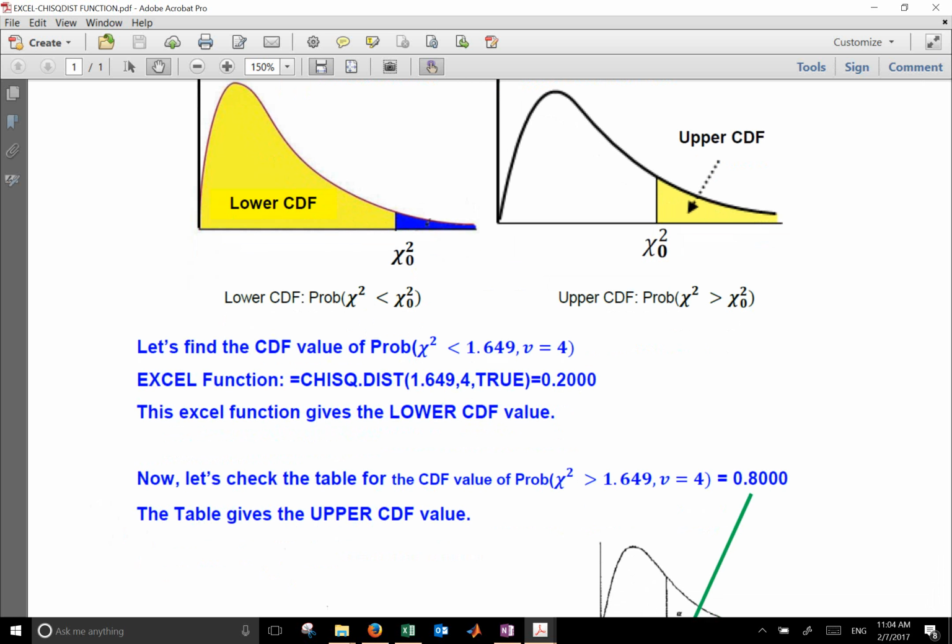So in order to use Excel, we have a function called CHISQ.DIST.